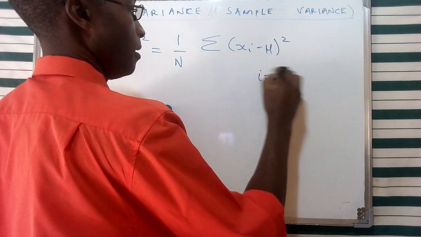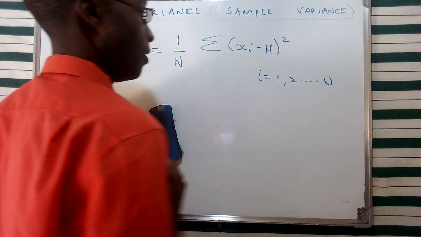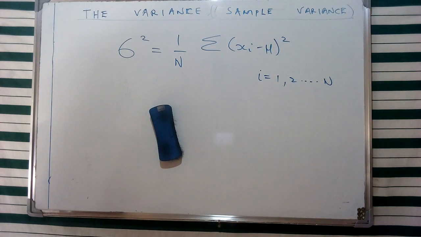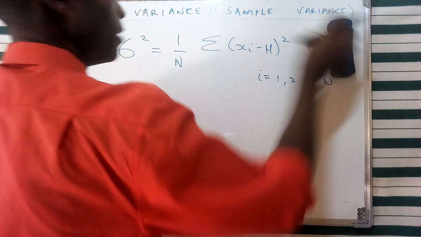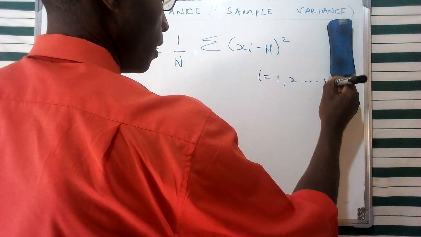I mentioned that i is going to represent values from 1 to the total number of values in that population, and that represented the population variance for a set of data, which is ungrouped, or rather the general case.